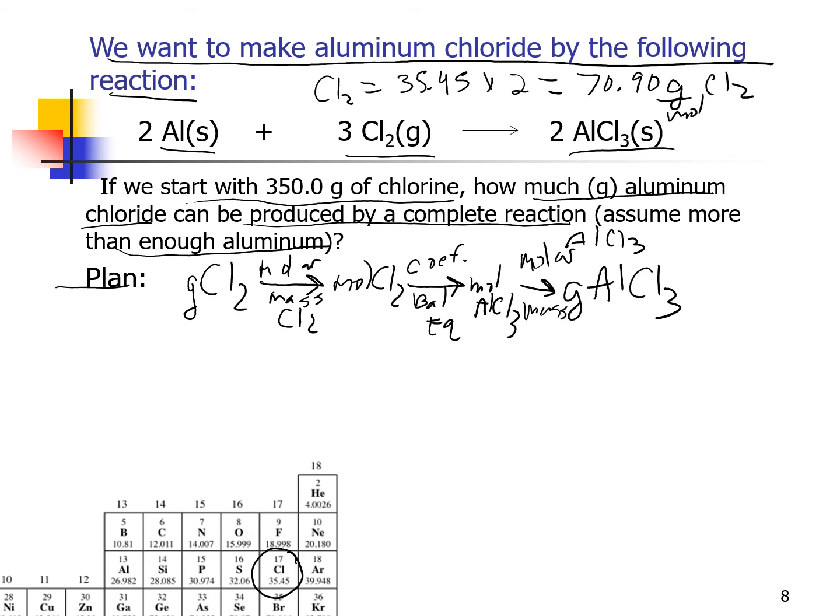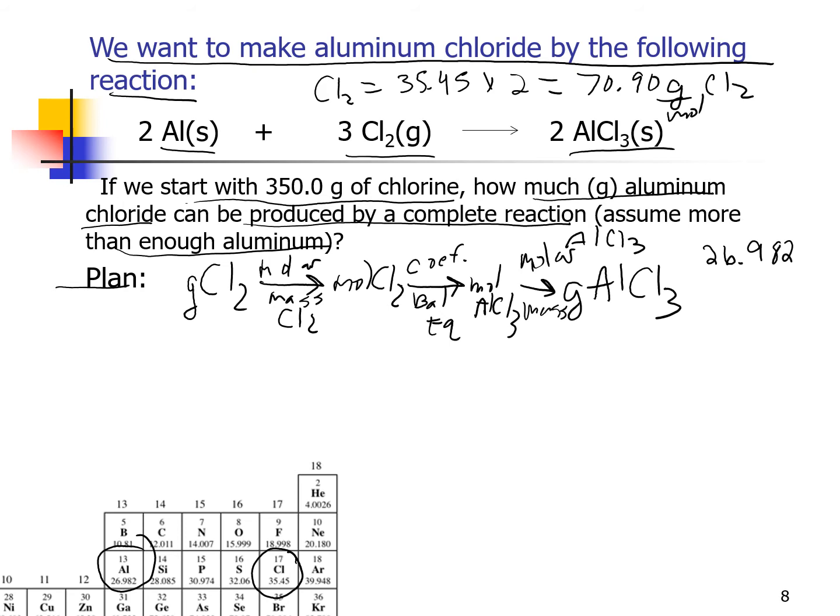And then aluminum chloride, we have aluminum weighs 26.982, and then we're going to add that to 3 chlorines. So 1 aluminum, let's put this on the side here, 26.982.